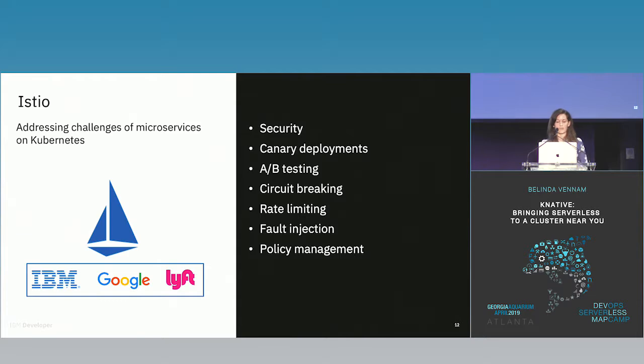So yes, Kubernetes made managing containers easier for developers, but as people started to move their microservices there, we started to see a whole new set of challenges for managing those microservices on Kubernetes. These are some more challenges, right? Things like security. How do you encrypt traffic between each of your microservices? How do you know that your microservice is talking to the right other microservice?